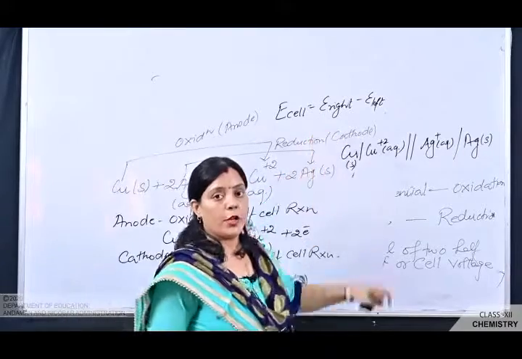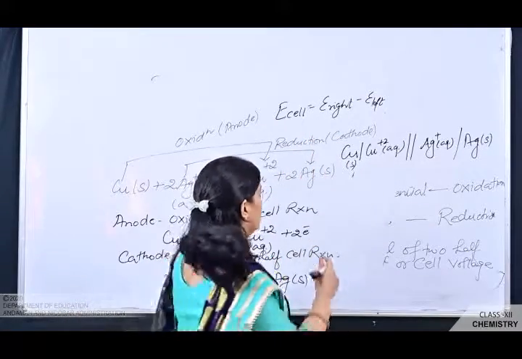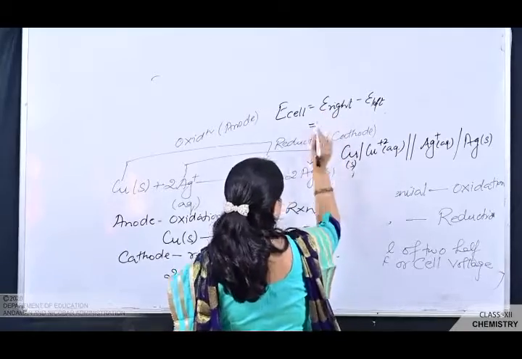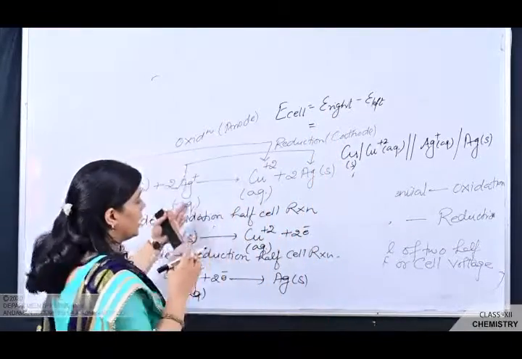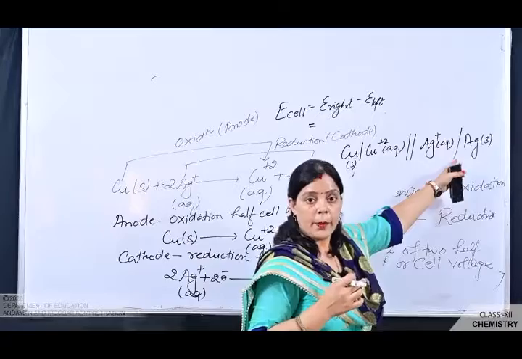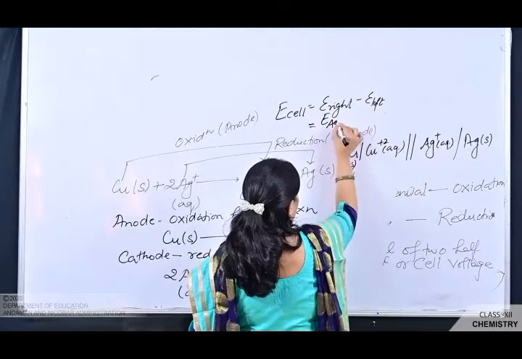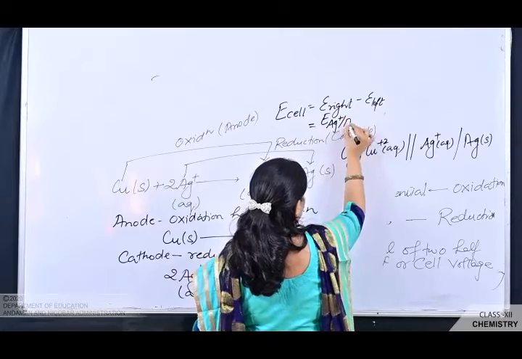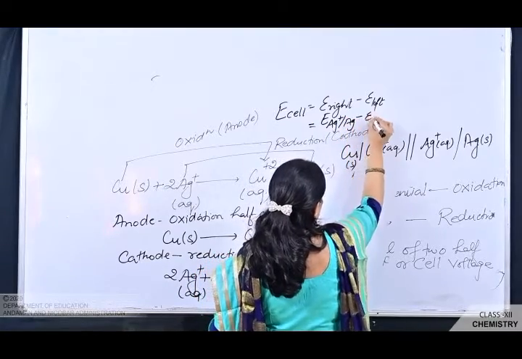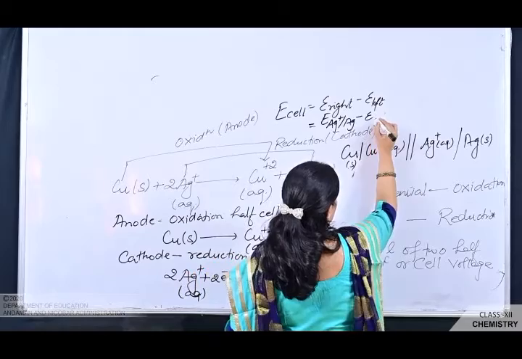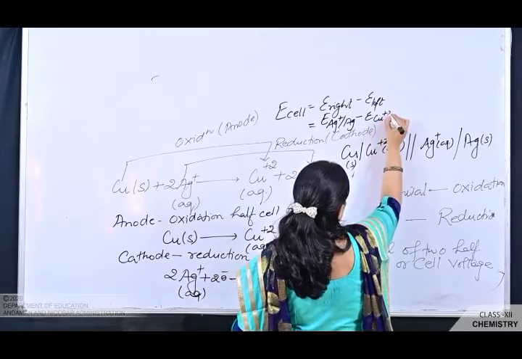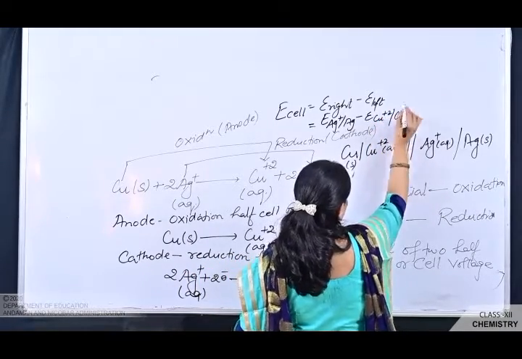Basically, the electrode potentials are written as reduction potentials. So E cell is equal to E right, meaning the reaction taking place on the right hand side, the E reduction of Ag+ to Ag, minus E left, that is this reaction, Cu2+ converted into copper.